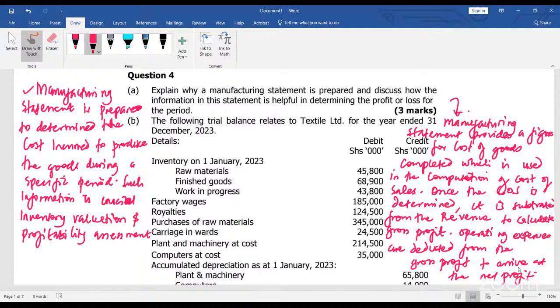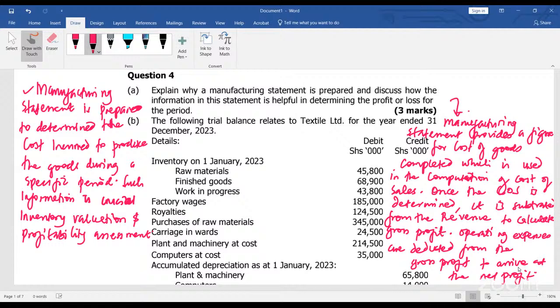So you see how the information from the manufacturing statement is helpful in determining the profit or loss for the period. The information about the cost of goods that have been completed, we use in the computation of the cost of sales in the profit and loss statement. That cost of sales figure, we subtract from our revenue to calculate the gross profit.